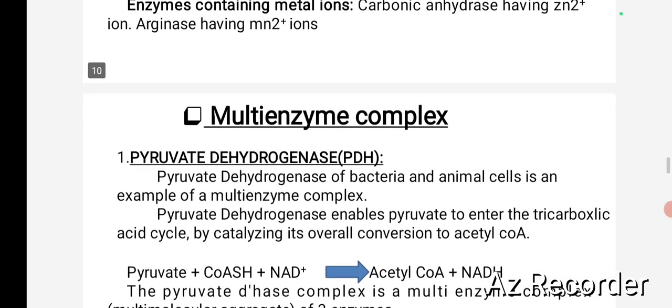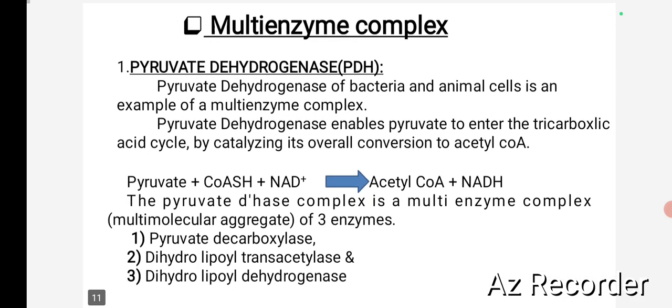Next move on to multi-enzyme complex. A multi-enzyme complex is made up of 2 or 3 groups of enzymes joined together which catalyze one particular reaction. Example, pyruvate dehydrogenase, PDH. Pyruvate dehydrogenase of bacteria and animal cells is an example of a multi-enzyme complex.